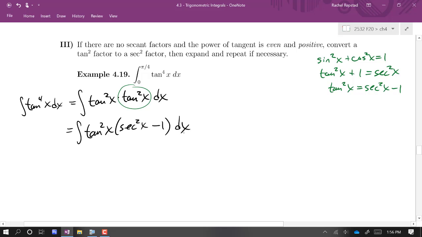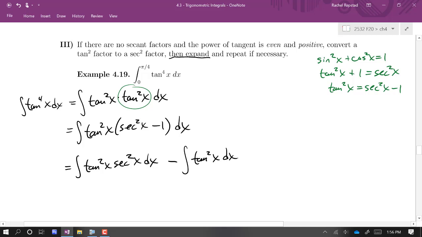Okay, so we did that. Convert a tan squared to secant squared, then expand. So what that means is multiply it out. I'm going to distribute that tan squared factor. So we got tan squared x secant squared x dx minus, I'm expanding it and splitting up the integral at the same time, minus the integral of tan squared x.